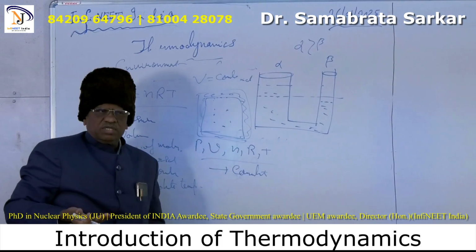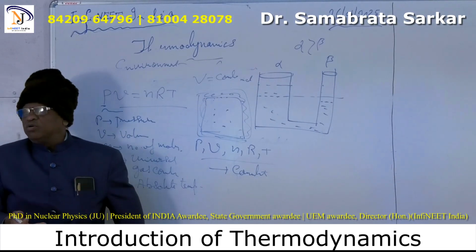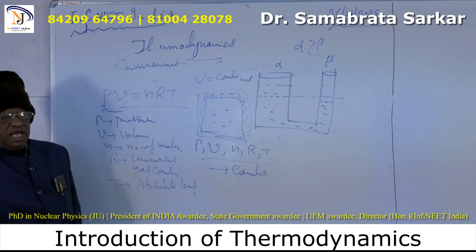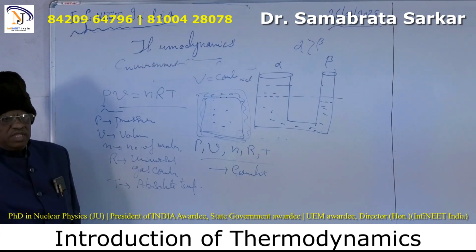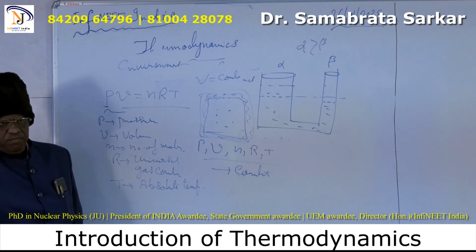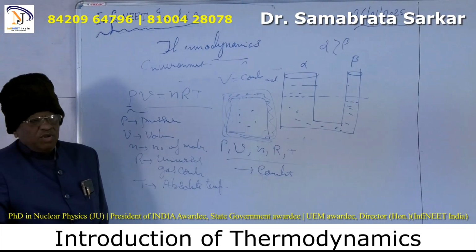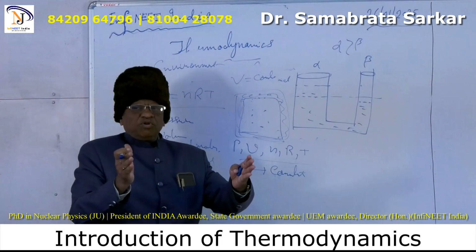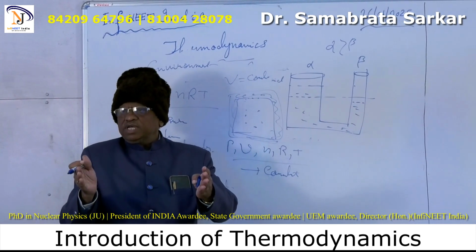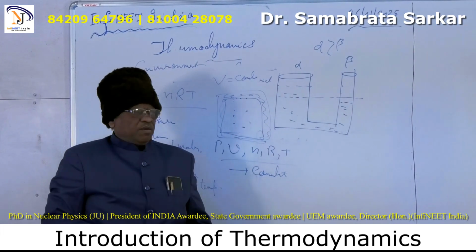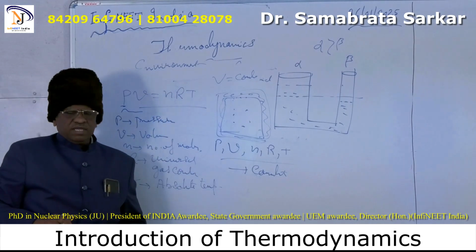So all are constants, and then we can say the gas within the chamber is in equilibrium. We loosely term that when the temperature of both the bodies are equal, the two bodies are in equilibrium. That is a loose term. But the actual definition is this.